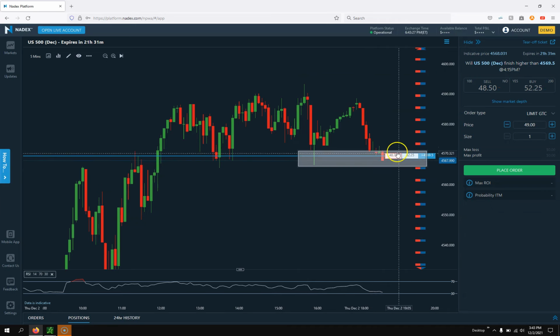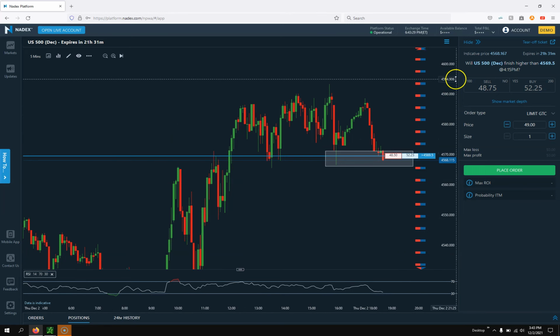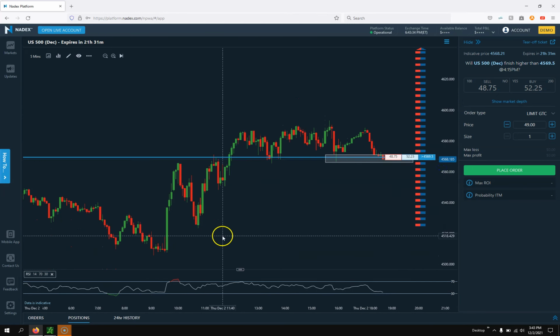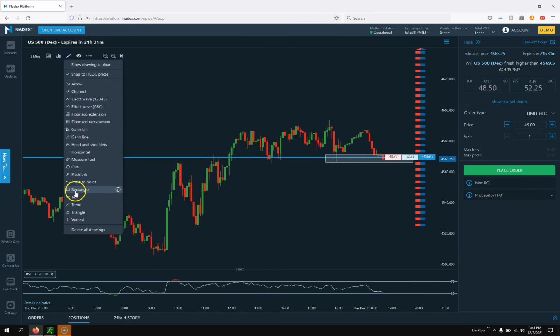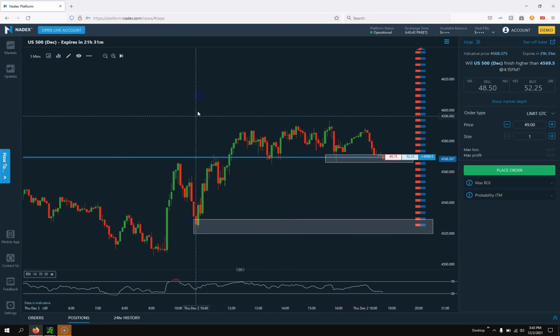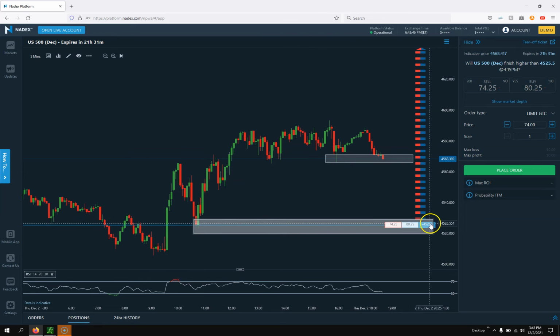Now, another way to trade this is, let's say we're bearish, right? We think, hey, I think this market can make new lows or retest this level down here. And let's say you want to draw your own trade zones. You could look at this and say, hey, if I trade this, I want to sell it, right?